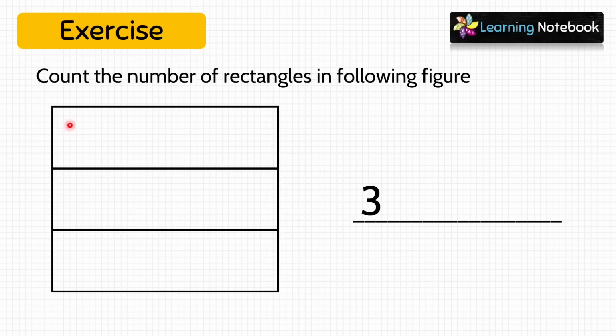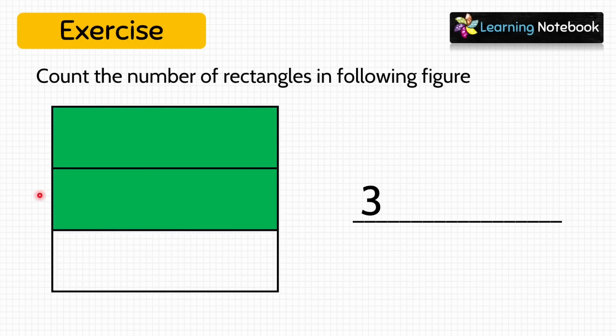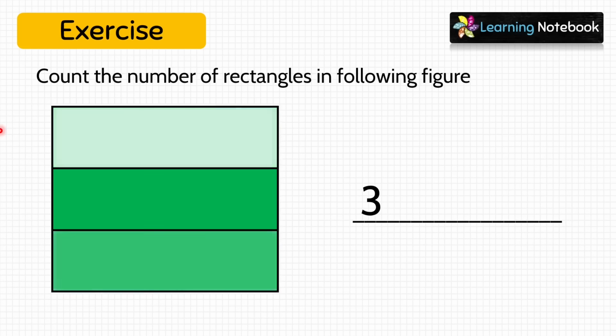Now let's combine two of these small rectangles to form a big rectangle. So how many such rectangles are there? One is this and next one is this. So there are two such rectangles. So let's write 2.